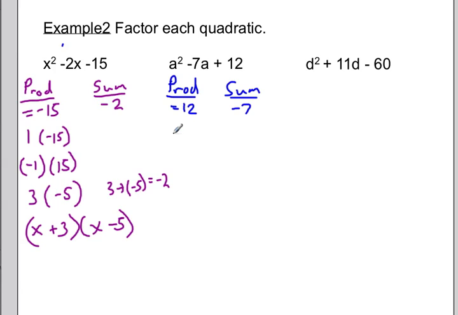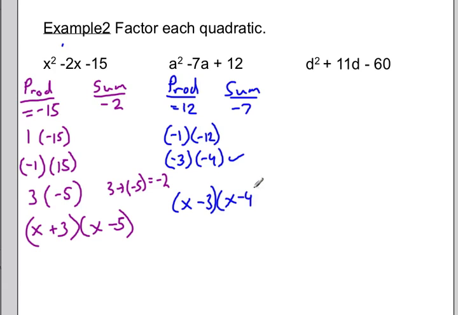So let's try two negative numbers. If you did negative 1 times negative 12, if you add those, you would not get negative 7. So let's try negative 3 and negative 4, and those will work. Those multiply to give you positive 12, and they add to give you negative 7. So those are our two numbers. So we're going to have x minus 3 times x minus 4.